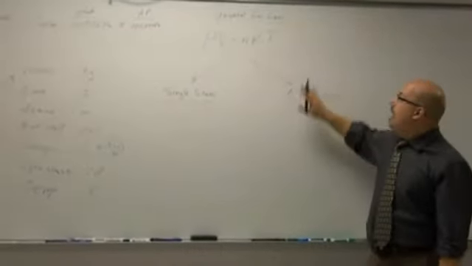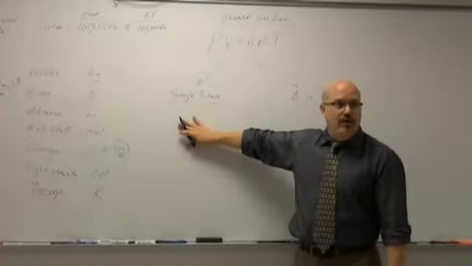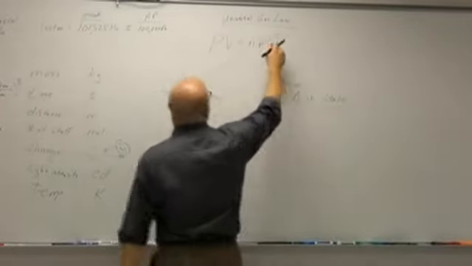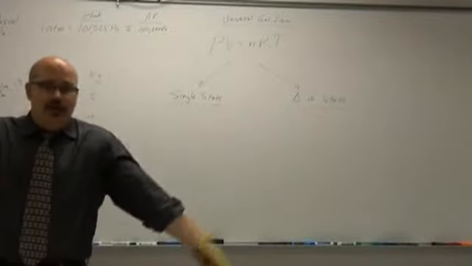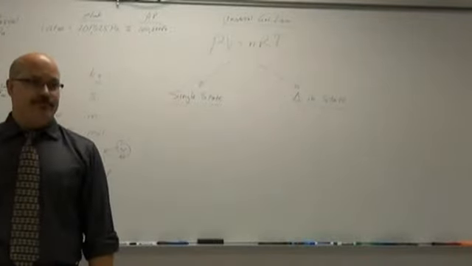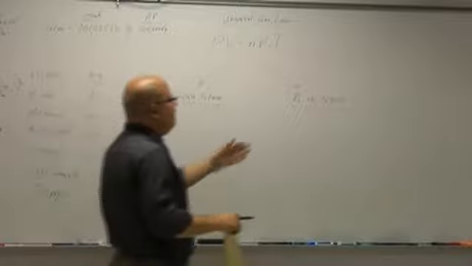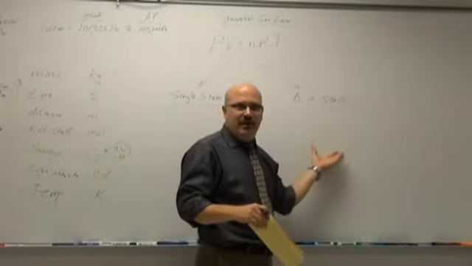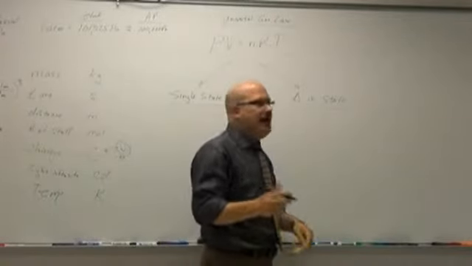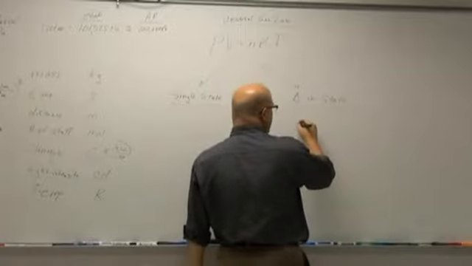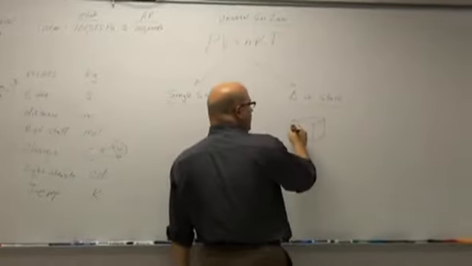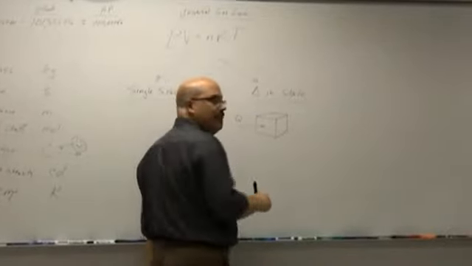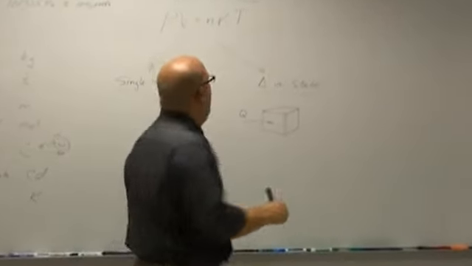Okay? All right. This is pretty straightforward. You have to be given 3 of the 4, and you calculate the 4th. All right? In this particular problem, you do not have to be given very much information. Like the problem I just gave, where I said we have this room, and we add heat to the room. All right?